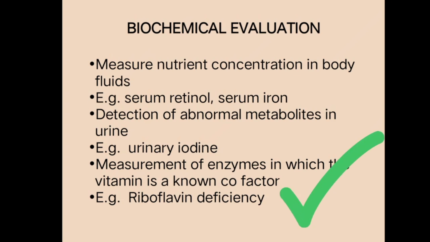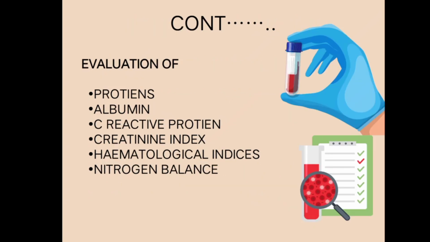For example, measurement of nutrient concentration in the body, such as serum retinol or serum iron. Detection of abnormal metabolites in urine, that is urinary iodine. In the same way, riboflavin deficiency can also be detected.